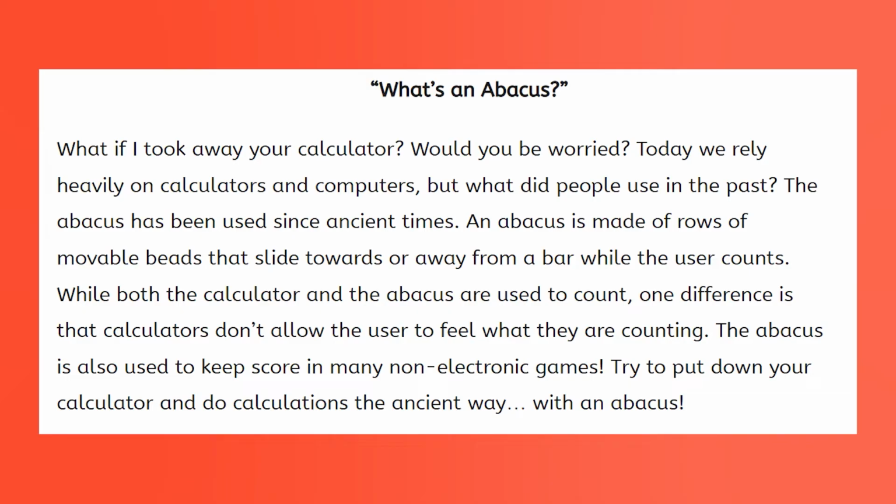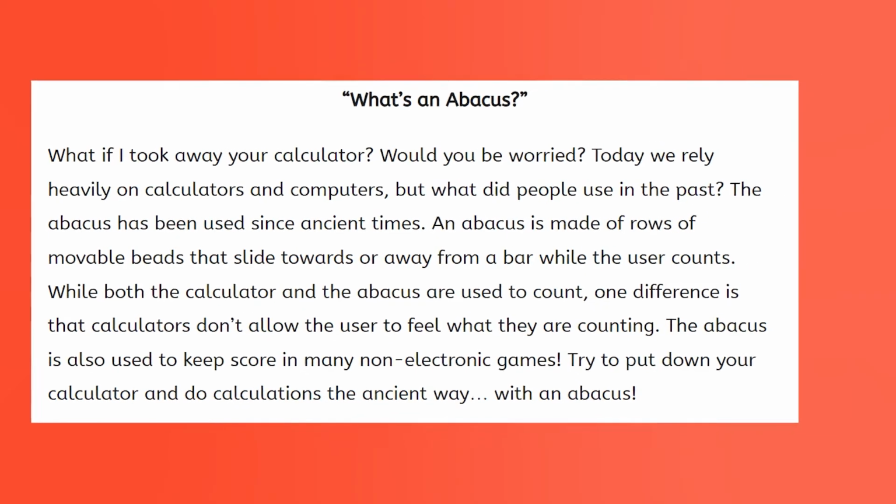An abacus is made of rows of movable beads that slide towards or away from a bar while the user counts. While both the calculator and the abacus are used to count, one difference is that calculators don't allow the user to feel what they are counting. The abacus is also used to keep score in many non-electronic games. Try to put down your calculator and do calculations the ancient way, with an abacus.